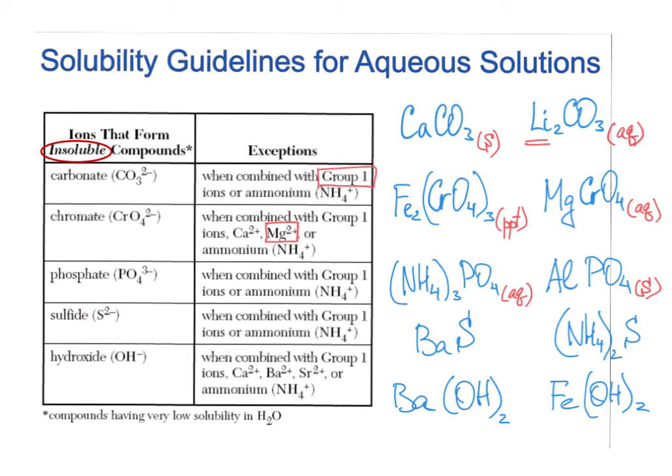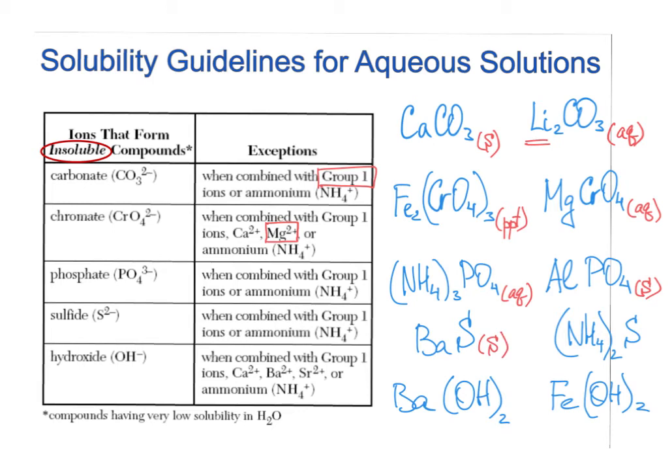Let's look at the sulfides. Barium sulfide. Sulfides are usually insoluble compounds, unless they are with the exception. Barium is an element from group number 2, so this line does not apply to it, and barium is not an ammonium ion, so we believe that barium sulfide is going to be a solid even if we try to dissolve it.